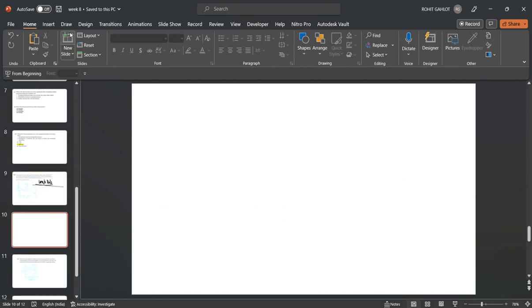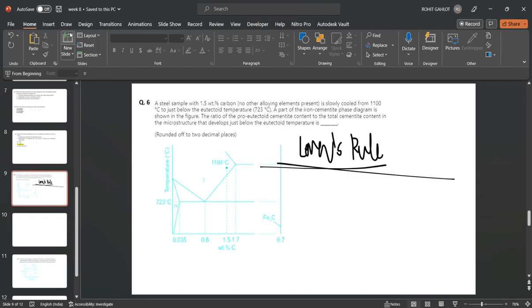Okay then, let's solve this problem. Firstly, I'll reread.